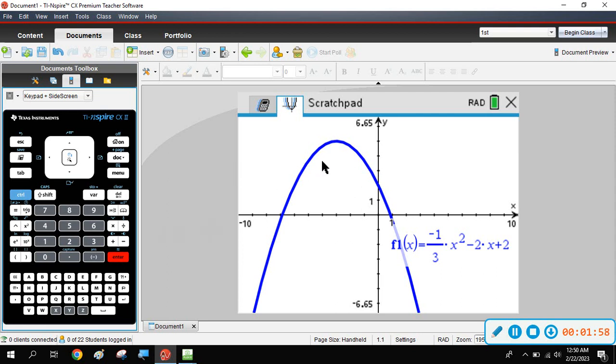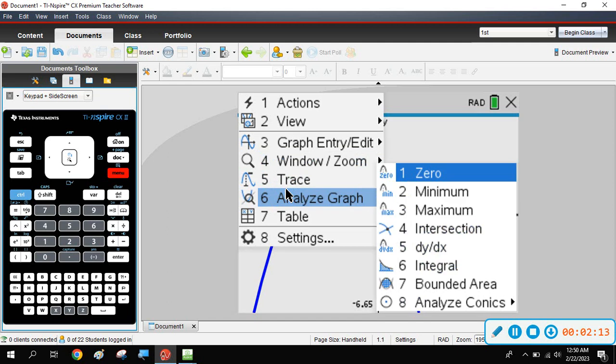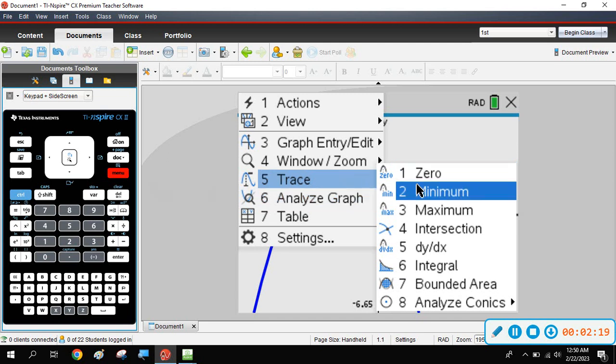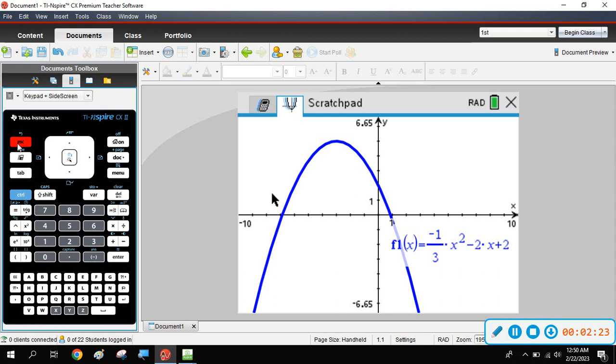I'm trying to find the vertex, which we said again is the middle of the U-shape. It turns out that our calculator will calculate the vertex for us, but we have to know how to use it. In order to get the vertex, we press menu, go to analyze graph, and I'm looking for the vertex. The vertex can either be a minimum or a maximum depending on which way the graph is opening.